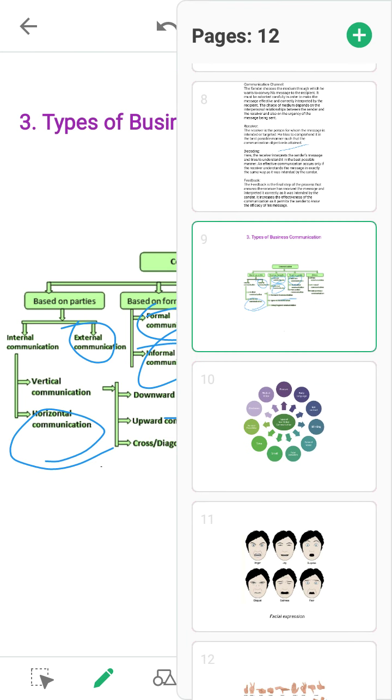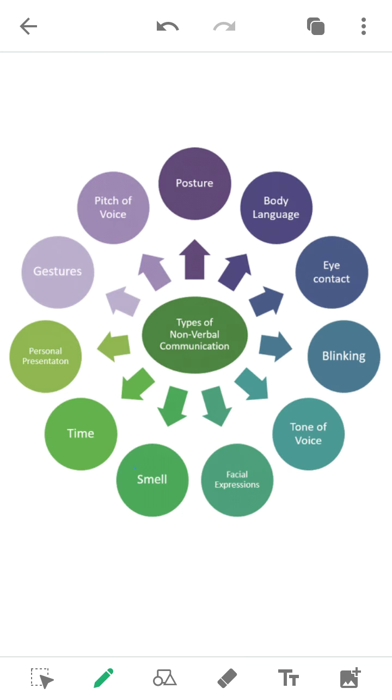Dear students, look at another picture. Types of non-verbal communication. Here there are some non-verbal communication: posture, body language, eye contact. Posture means a particular approach or attitude.